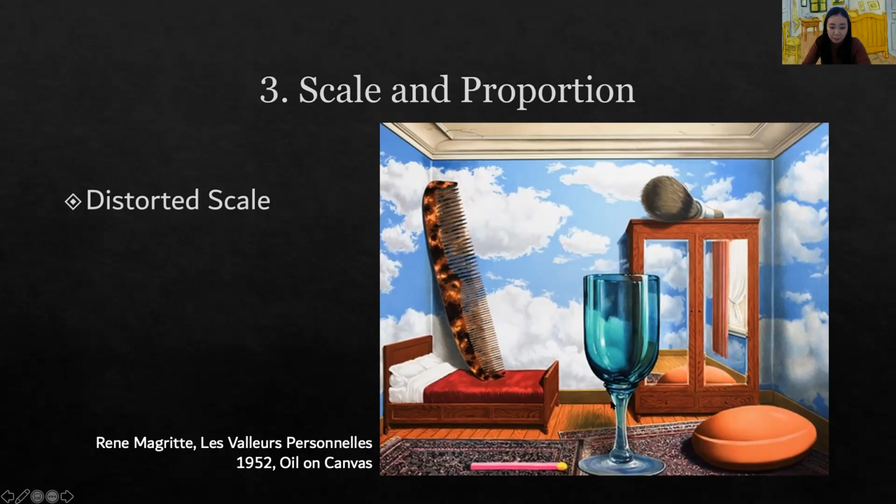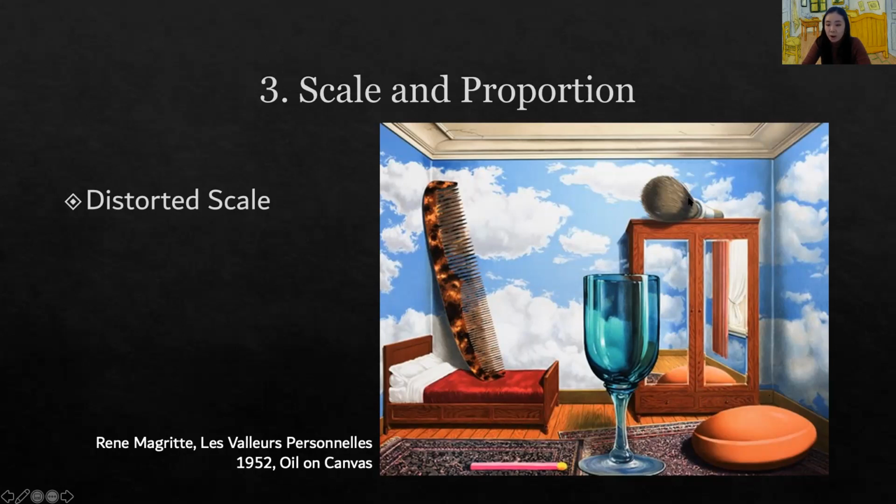So when you see the furniture, like the bed, closet, and the carpet on the floor, we can see that in this room. But the uniqueness of this painting is that the little daily things are depicted at a larger scale.